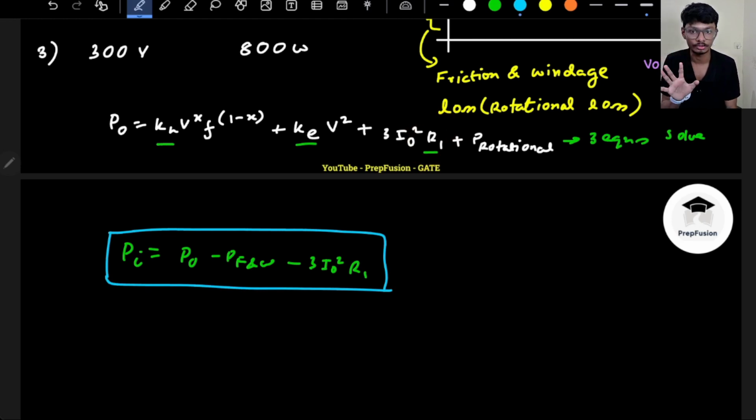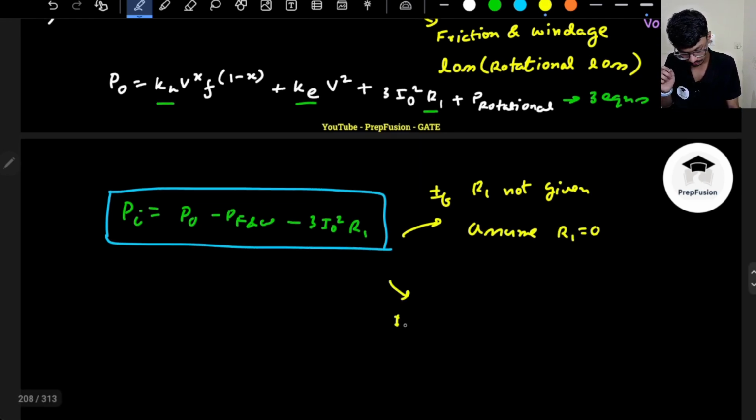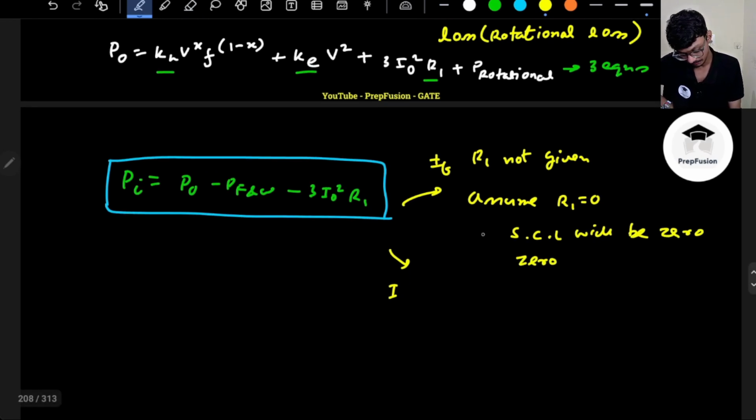Now in the question, generally they will give you the stator resistance. So there are two things. If R1 is not given in the question, then of course you will assume R1 to be 0, so the stator copper loss will be approximately 0.